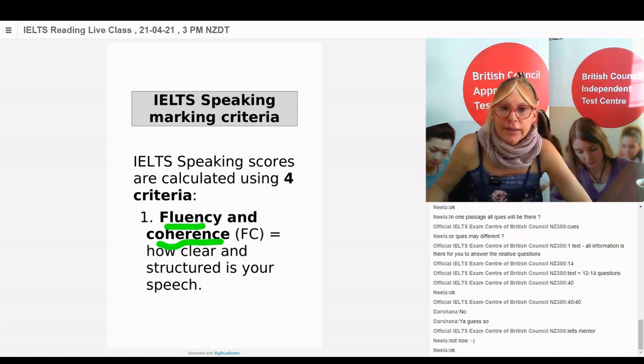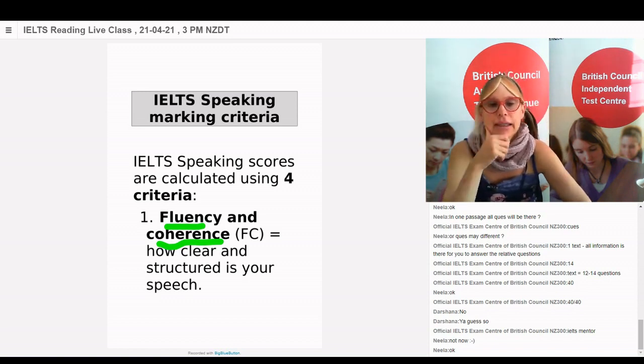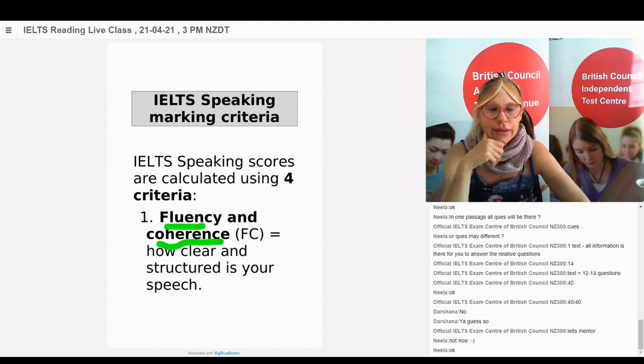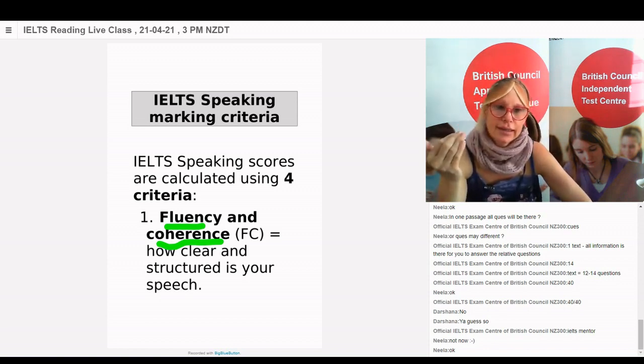Okay, coherence is also part of fluency, but it's slightly different in the way that coherence refers to what's called cohesive devices or discourse markers, which are used to help the listener follow what you are saying.